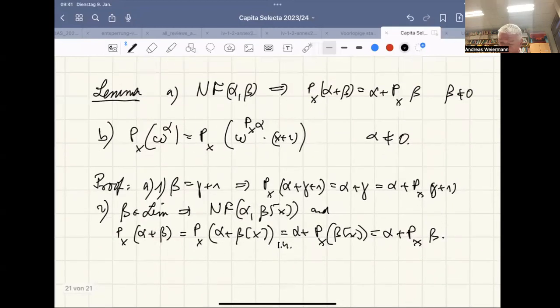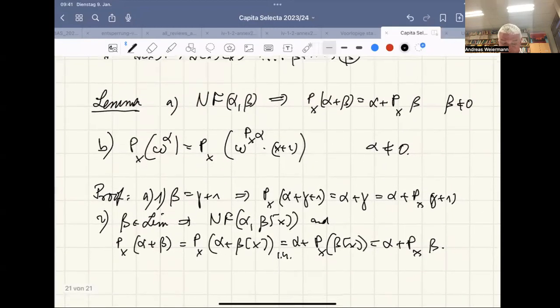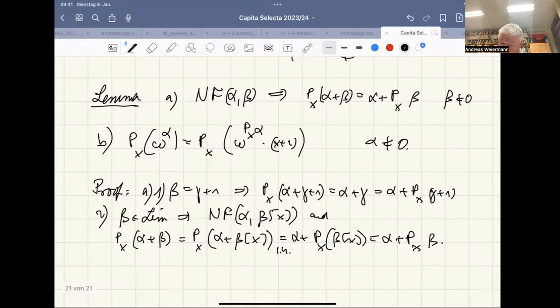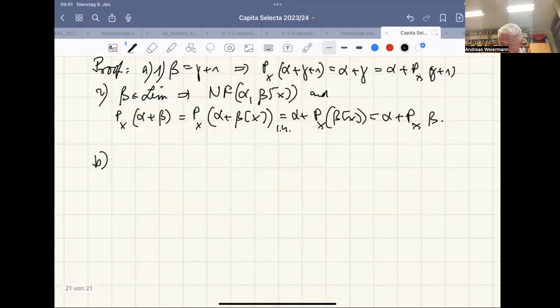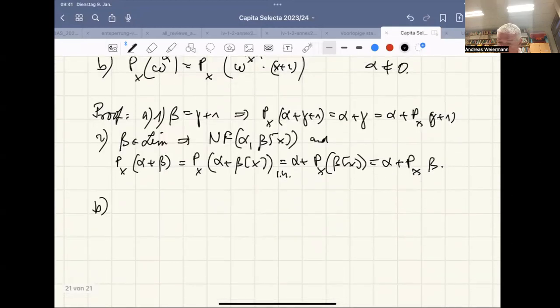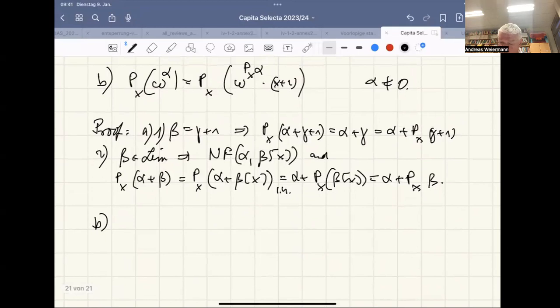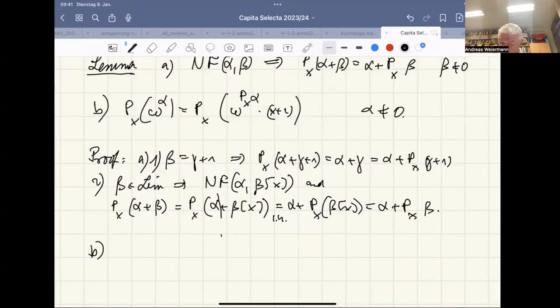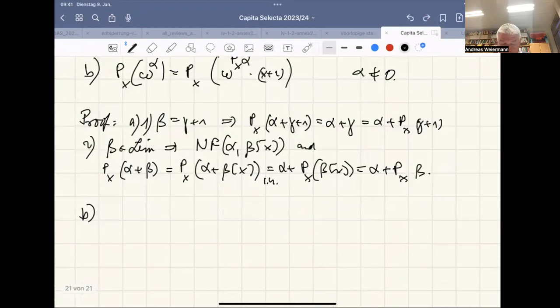And the same magic applies to the other situation in B. So we prove B using A. So if alpha is a limit, then alpha x is different from 0.